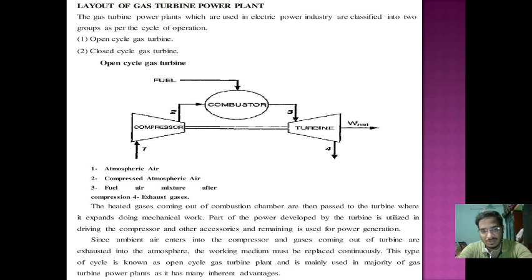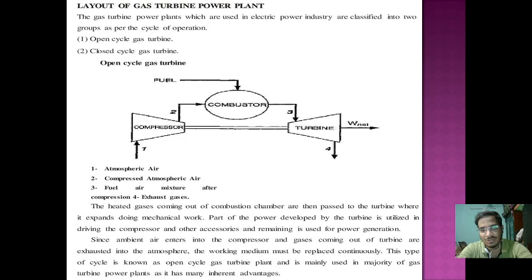Here the fuel is inserted into the combustion chamber, and air is inserted into the compressor. This compressed air goes to the combustor chamber, the air fuel mixture is formed, and combustion takes place with the help of the injector. After that the temperature of the gas is high and the volume of the gas is also high.